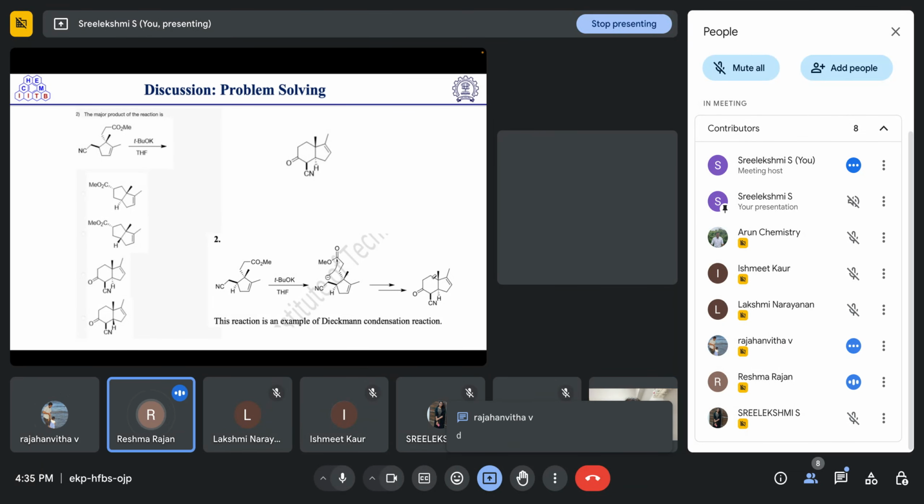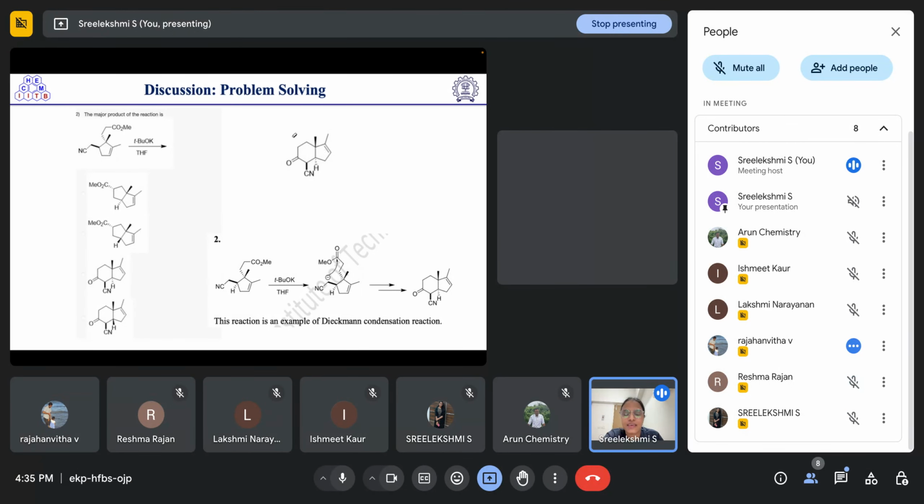Answer is option C, right? The stereochemistry also matters here. Actually, this is already existing stereochemistry in the molecule. All stereocenters are previously existing in the molecule, so option C will be the correct answer.